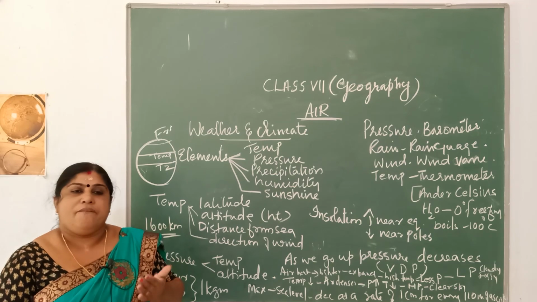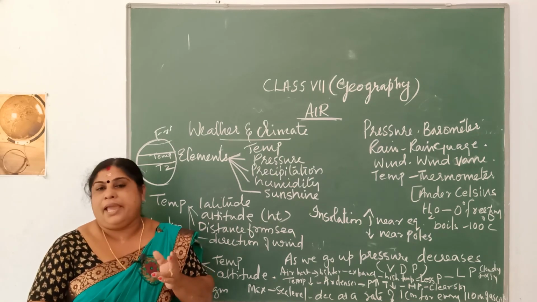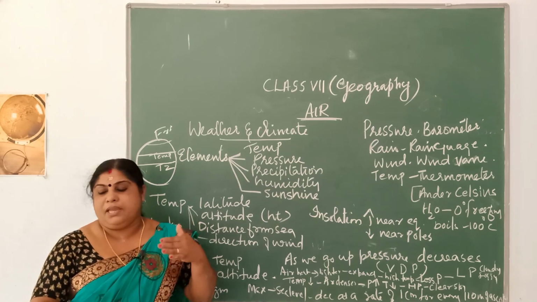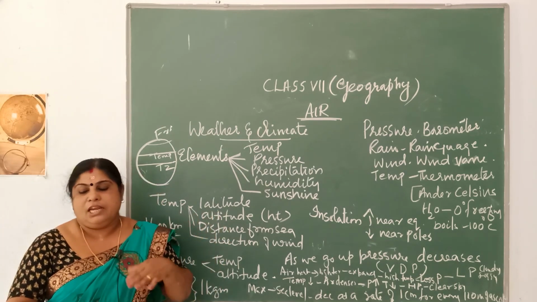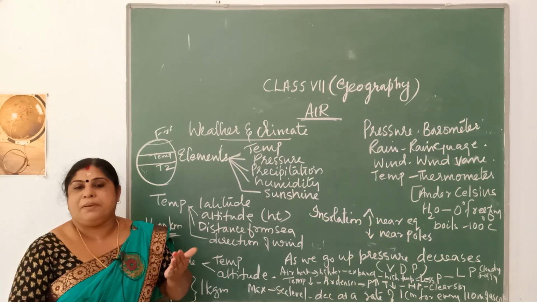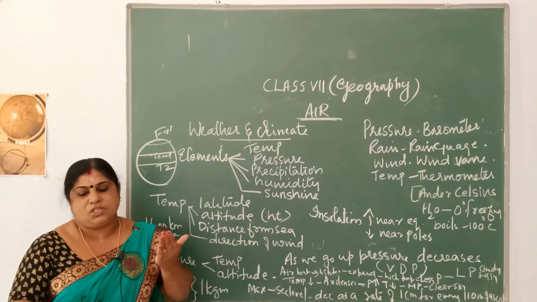place rises? When temperature increases, air begins to expand. It becomes lighter, less dense, and begins to expand. So when the temperature is high, pressure is less. It's just opposite. Remember that when temperature is high, pressure is less.